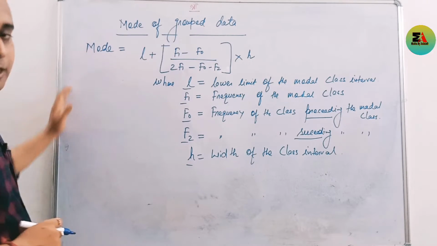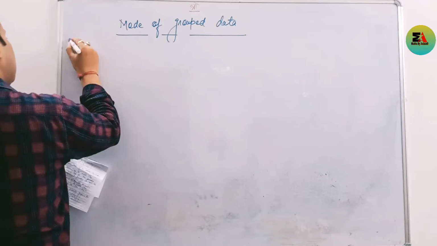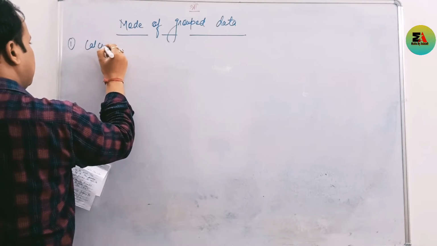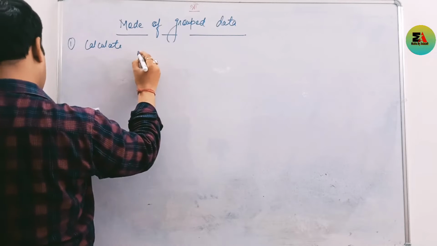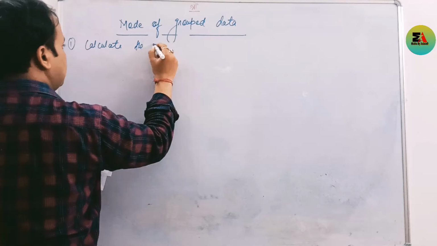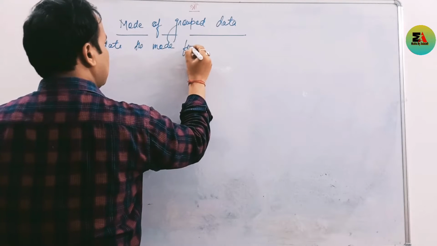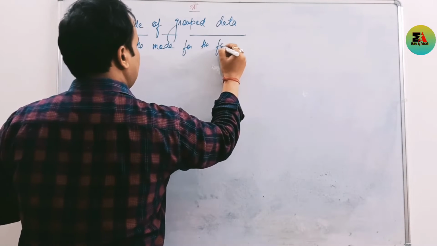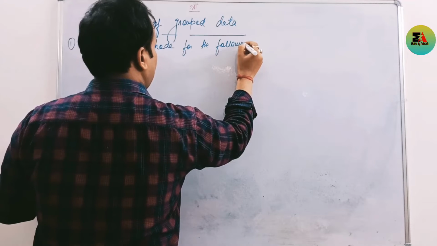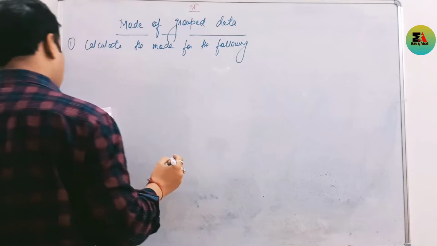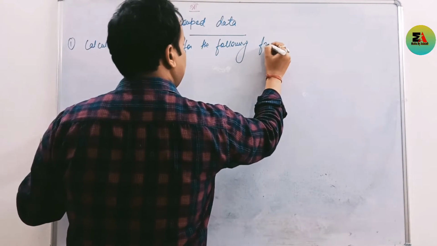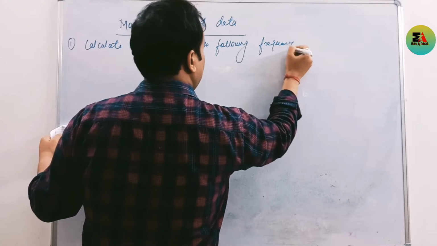I hope the formula is clear to you. Let's take an example. The question is: calculate the mode for the following frequency distribution.